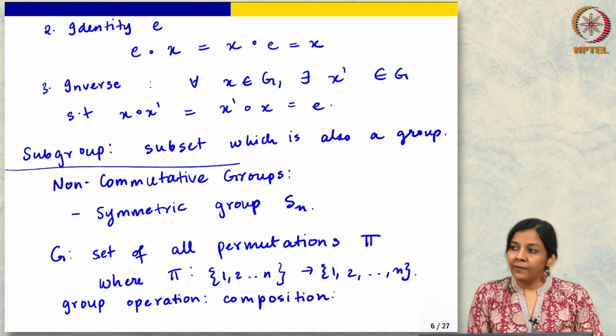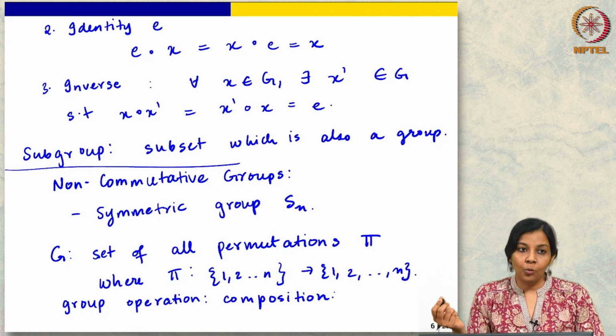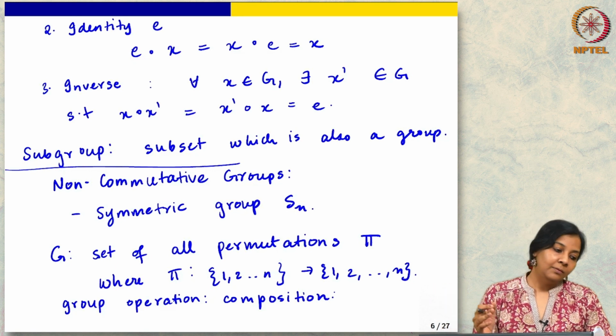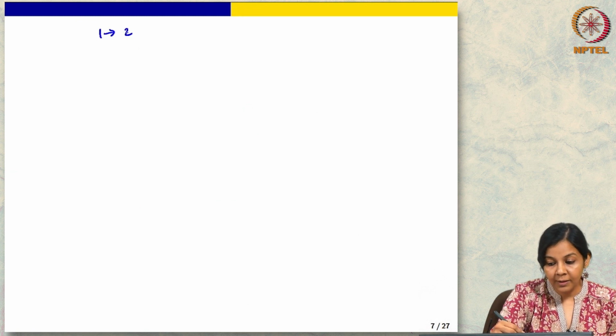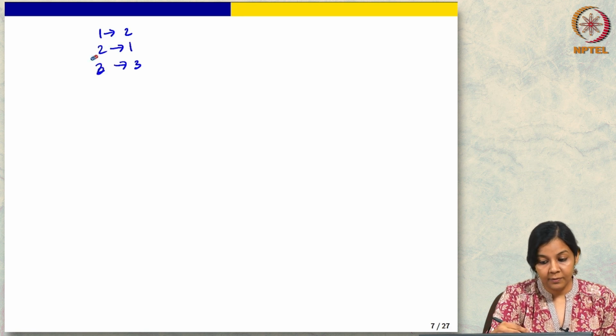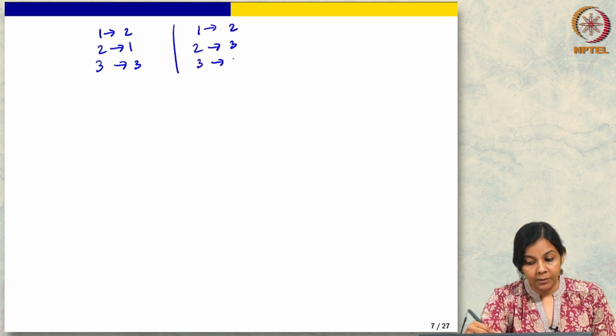So, the group operation would be composition. And it is very easy to see that this group is not commutative. If I take two permutations and compose them, then the order matters. We can do a simple little example. Let us say I have 1 to 2, 2 to 1 and 3 to 3. Let us say this is one permutation and the other is 1 to 2, 2 to 3, 3 to 1.